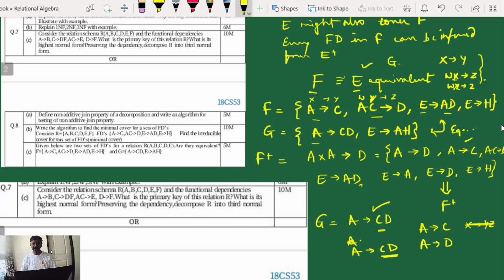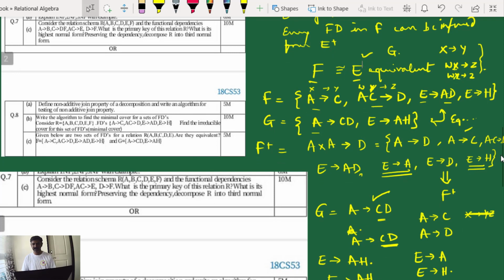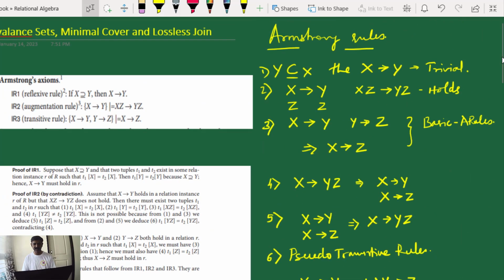Similarly, what is the second functional dependency we have? E arrow H. Now we know that we have E arrow A here. We also have E arrow H. When we have these two, we can write E arrow AH. What is the rule I am applying here? If you go up and see the inference rules that we studied, X arrow Y and X arrow Z gives X arrow YZ.